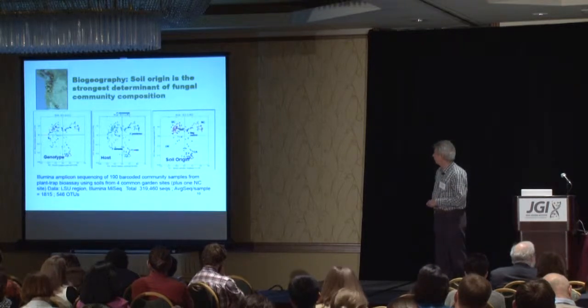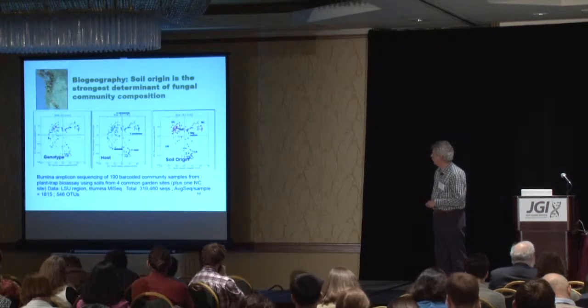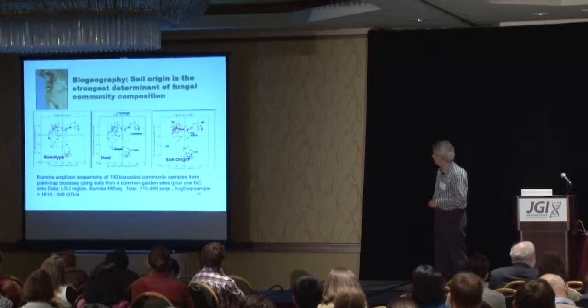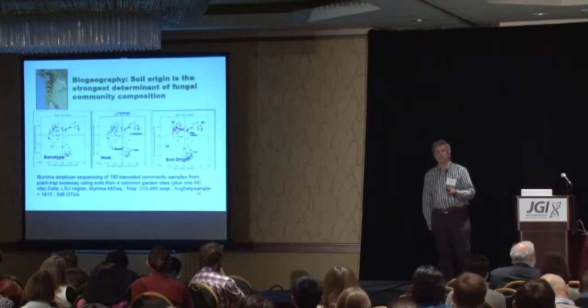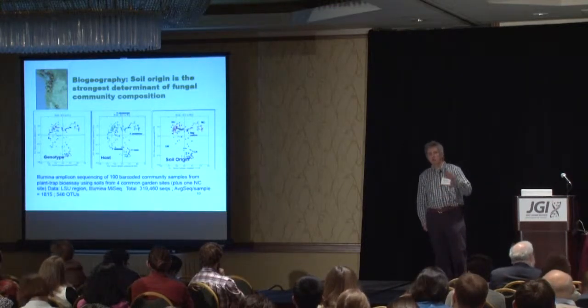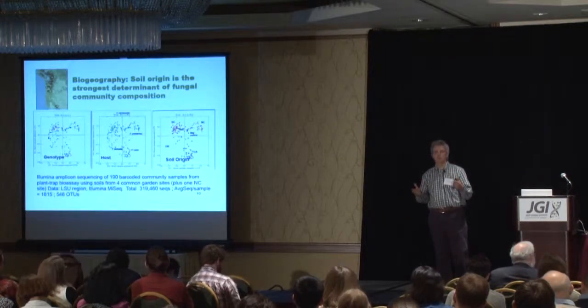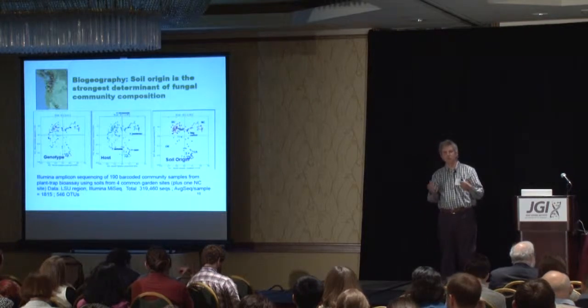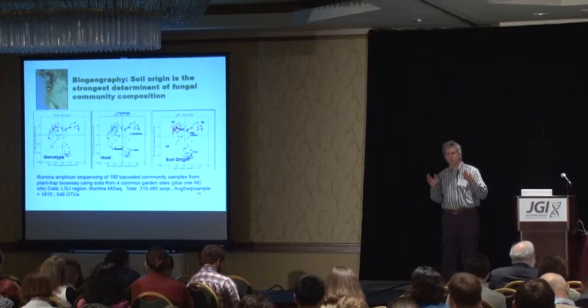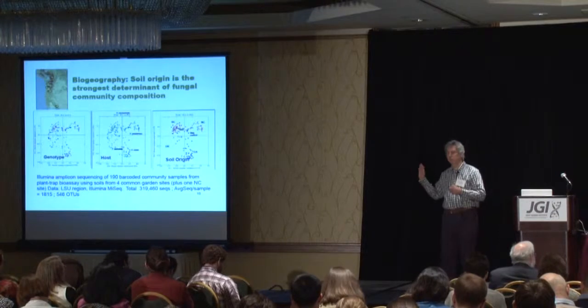In this particular experiment, we looked at the 4 different common garden sites along with one of our North Carolina sites. And as you can see here, the primary pattern here is one of geographic provenance. So the soils from a given region are more likely to share similar fungal communities associated with, in this case, a single plant group.